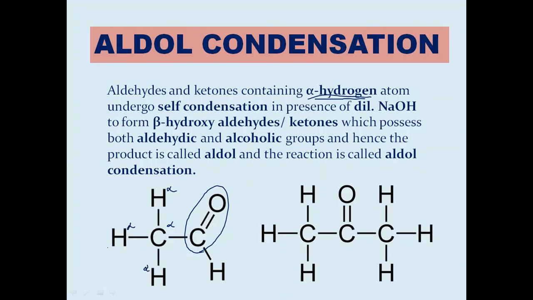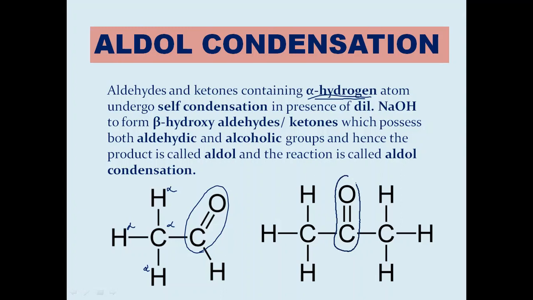So first of all, we need to know what is meant by alpha hydrogen. The carbon attached to the carbonyl group and the hydrogens attached to this alpha carbon are called alpha hydrogens. So whichever aldehydes or ketones contain alpha hydrogens, only these can undergo this aldol condensation. Let me take this example.